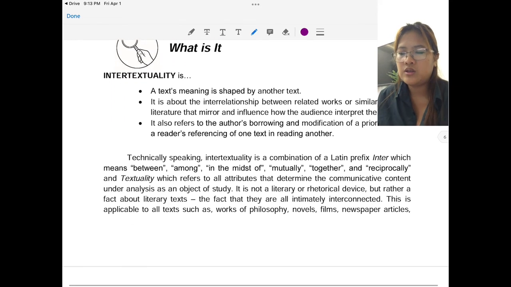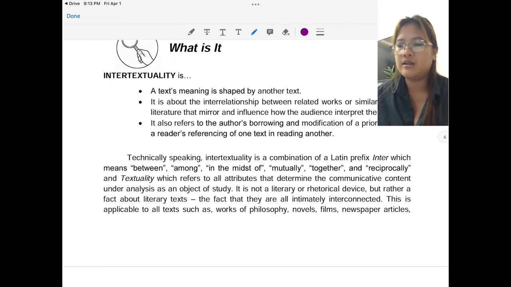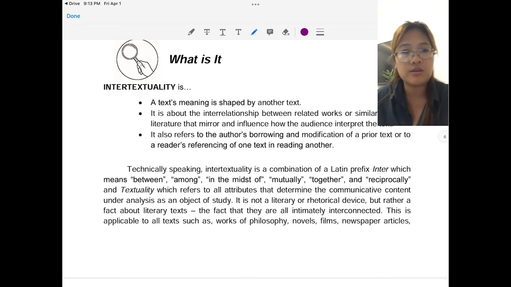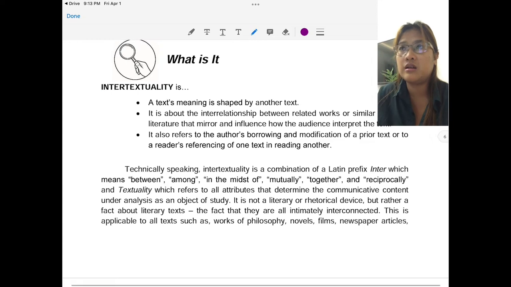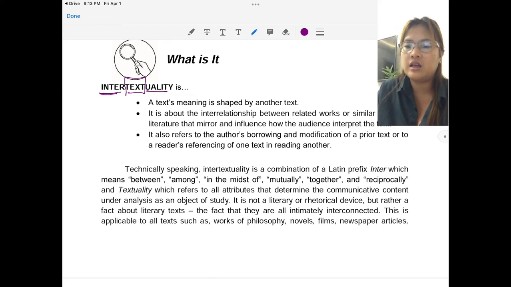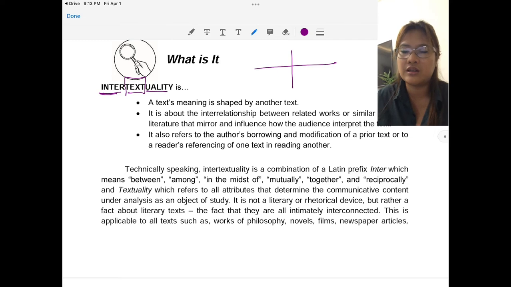Okay? So what is intertextuality? I remember making a demonstration about this when I was still in college. So intertextuality, okay, inter, intersection.